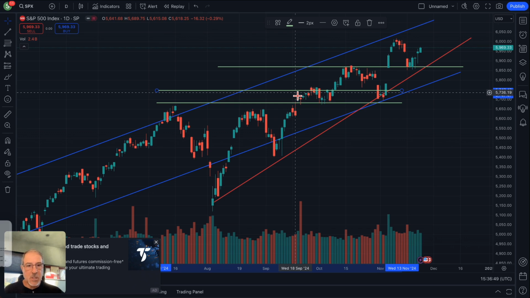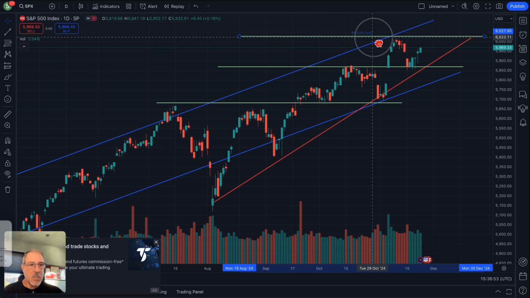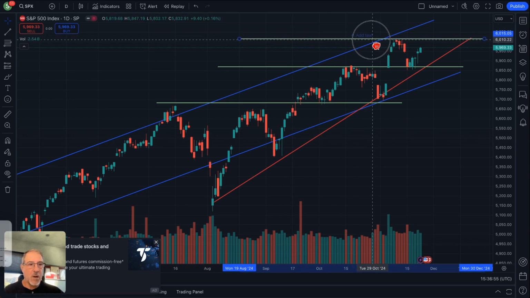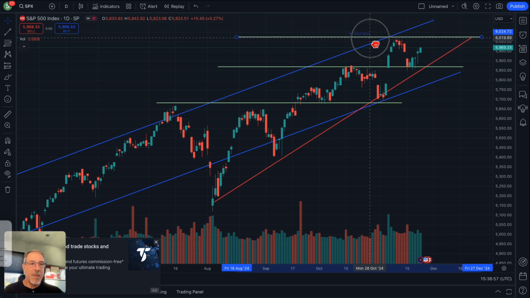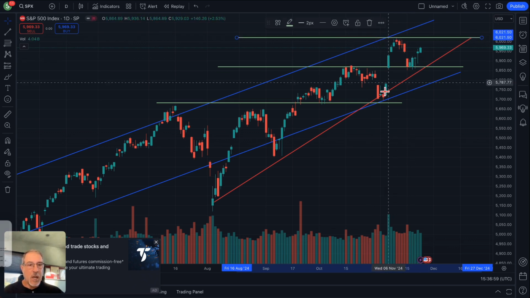Let me figure out which one I'm moving here. Here we go. This up here is our prior all-time high. Now, the combination of this uptrending red line and this all-time high is creating what's called a wedge pattern. And we had a wedge pattern here if we took the red line and then took this line.